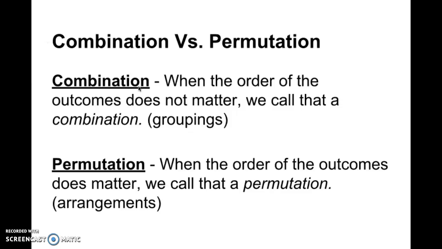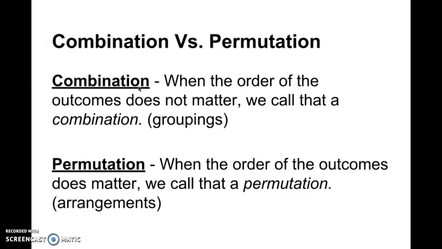When you try to open your locker, if you change the order of the numbers, the locker's not going to open. Also, in a locker combination, numbers can be repeated. So your combination could be 20, 30, 20, where you have that 20 being used twice. These are completely different from the mathematical sense of a combination.